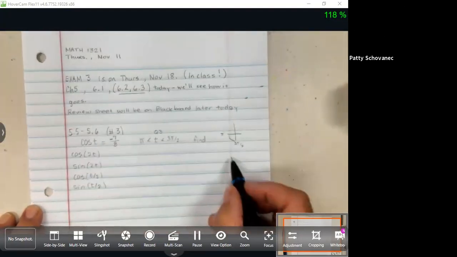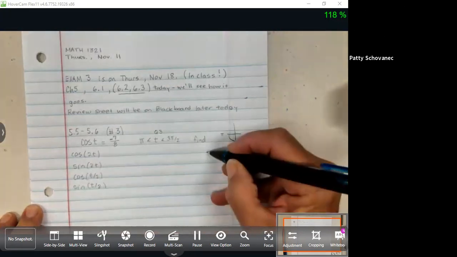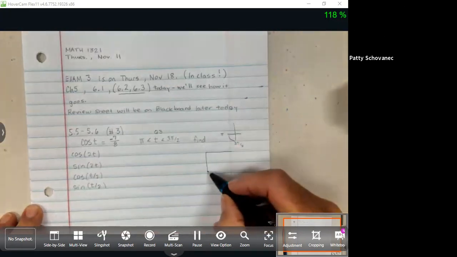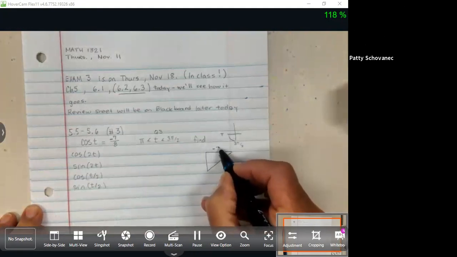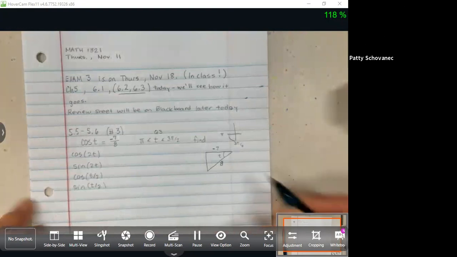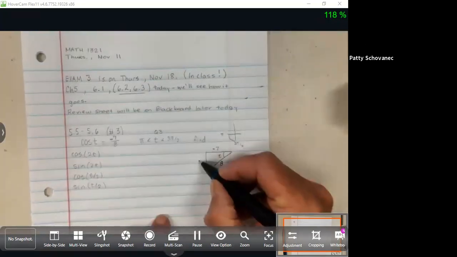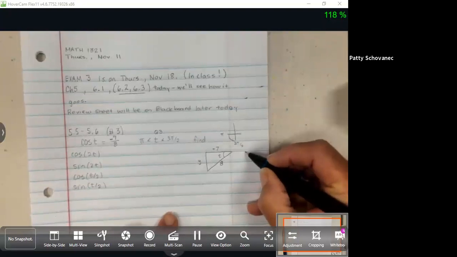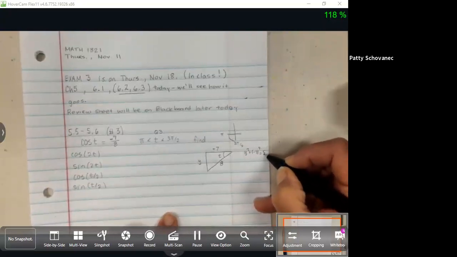So I can draw a quadrant 3 angle that shows that the adjacent side divided by the hypotenuse is -7/8. The adjacent side would be the -7. The hypotenuse is always positive. Then we'll do the Pythagorean theorem to find the negative value for the y. And you have that y squared plus -7 squared is 8 squared.